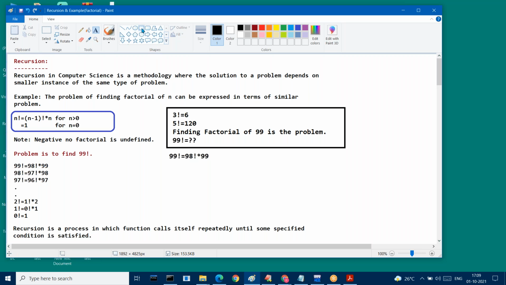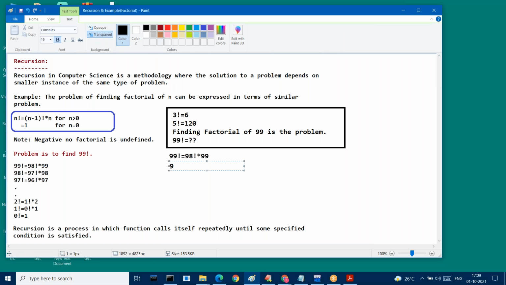But the question is, who will provide you this? No one is going to provide you this value. Now this is your problem, because multiplication with 99 is not the problem. Problem is 98 factorial, sir.